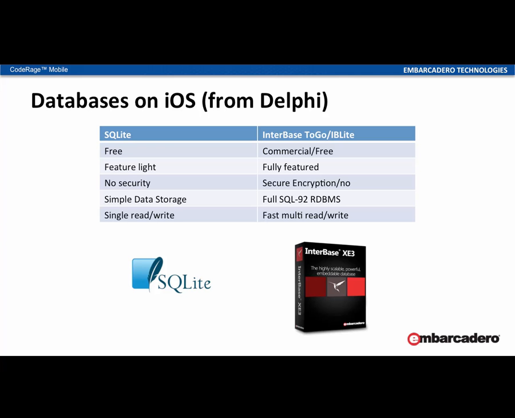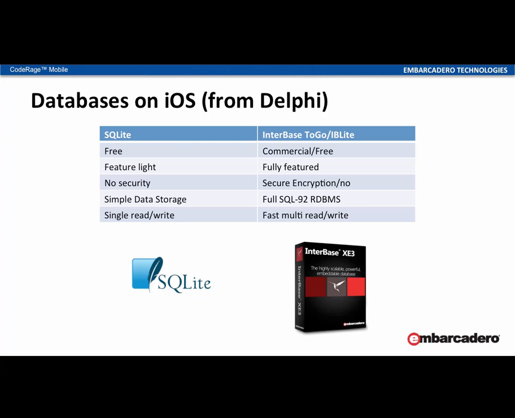Has the second advantage of being free, but it has some drawbacks, like it's quite light in terms of features, has no real security, works for simple data storage, and has limited metadata access, and is not extremely performant. Although for a mobile application, in most cases, that's actually good enough.